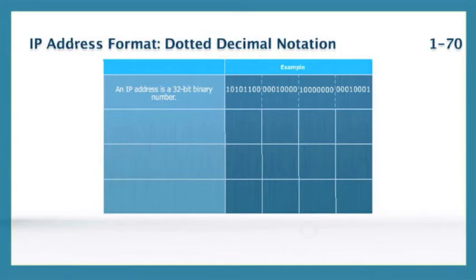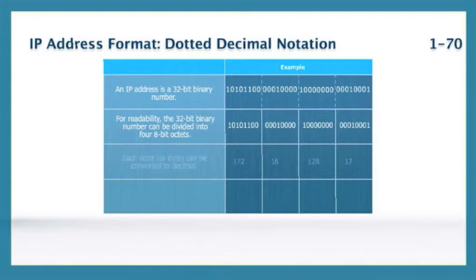What did we do for readability? The first thing we did was we broke that number down into 4 parts, each consisting of 8 bits. What do we call these 8 bits? An octet. So we have 4 octets that make up the IP address now. To further make things convenient, we convert each octet to decimal. We convert each of those 8 bits to a decimal representation.